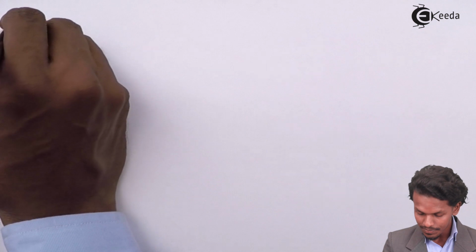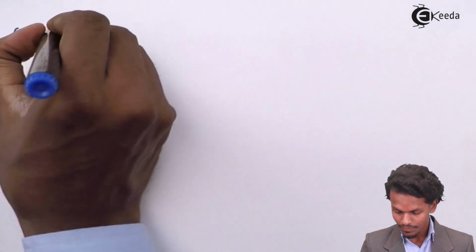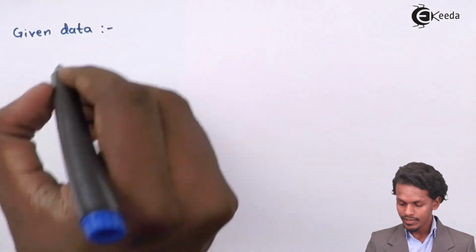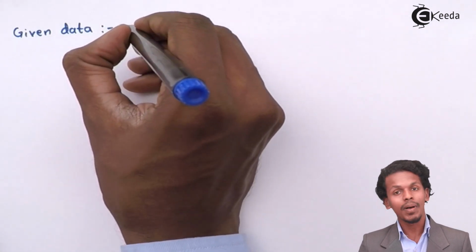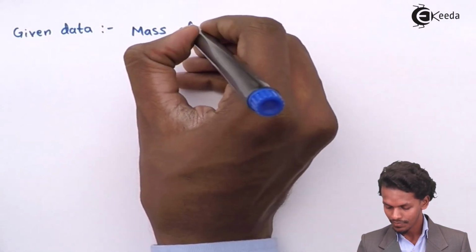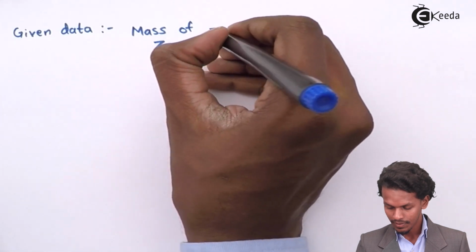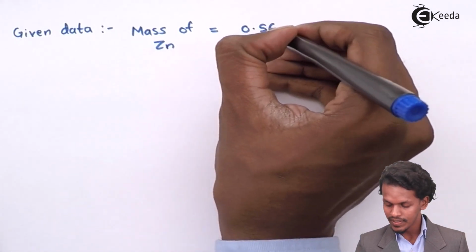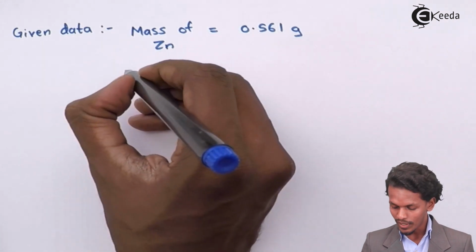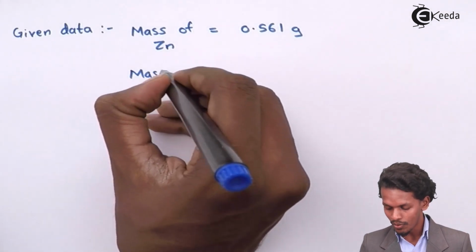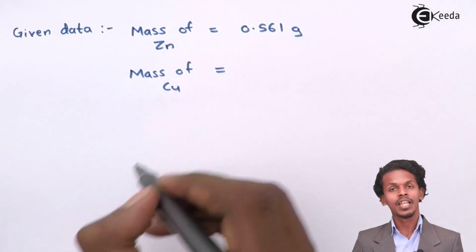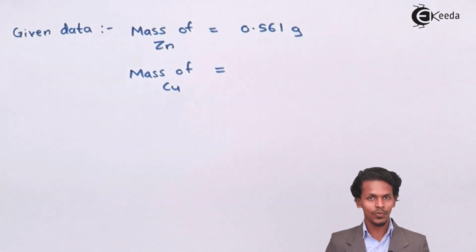So the given data says they have provided the weight, that is the mass of zinc, as 0.561 gram, and for that we have to calculate the mass or the amount of copper which is getting deposited in the cell where CuSO4 is present.